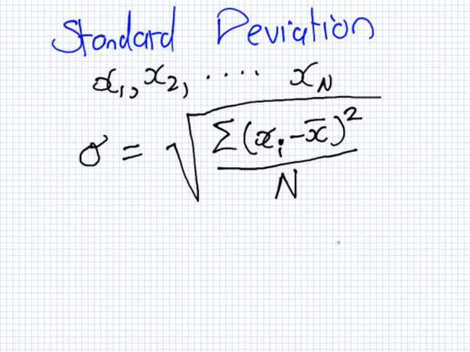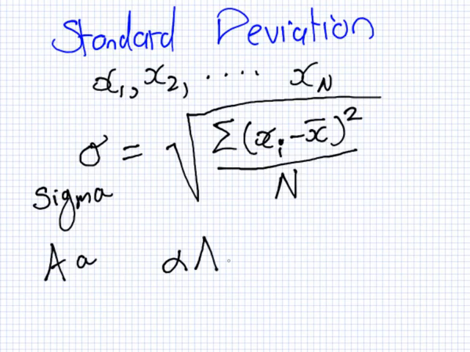This symbol here is a Greek letter called sigma. It looks like this. You remember in Greek, just like in English, you have small and big letters. So for example, in English you have a and A. In Greek, what's the first letter? Alpha. That's small alpha, big alpha.